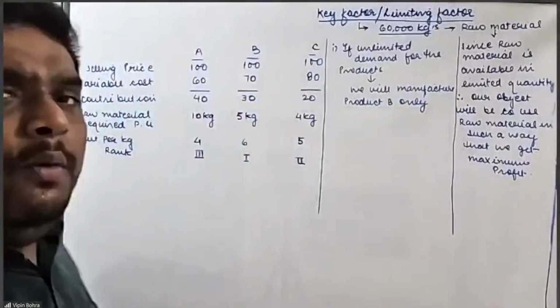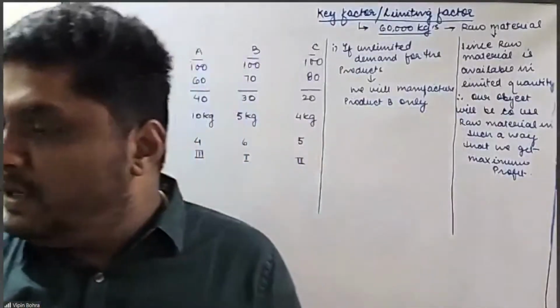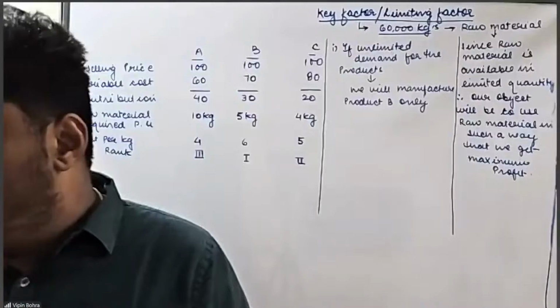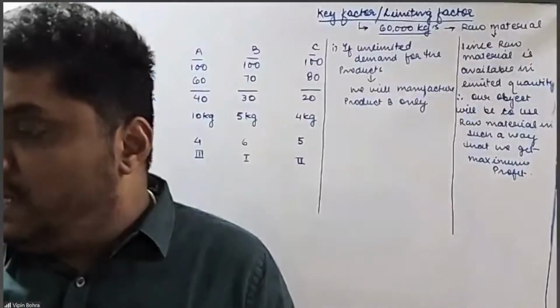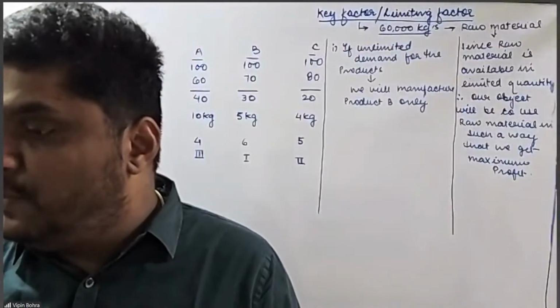Can you guys tell me how many units we can manufacture for product B?